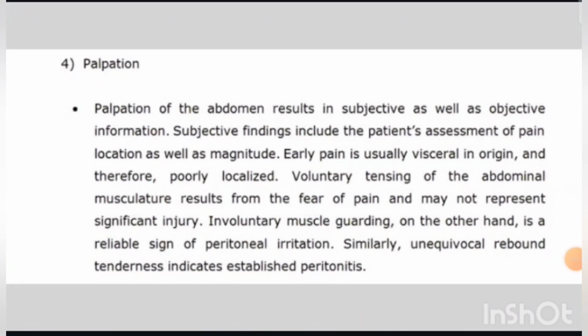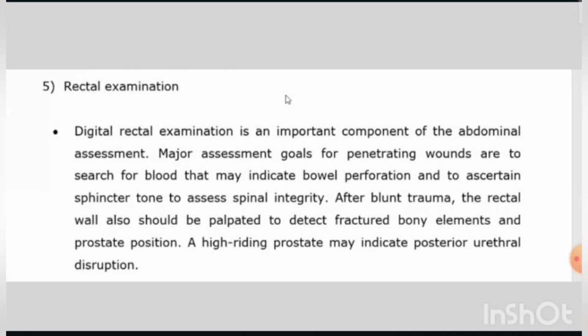Now the fourth technique of abdominal assessment: we do the rectal examination. Digital rectal examination means insertion of your finger into the anus to detect any abnormal condition, such as blood, which may indicate bowel perforation, and to ascertain sphincter tone to assess spinal integrity.